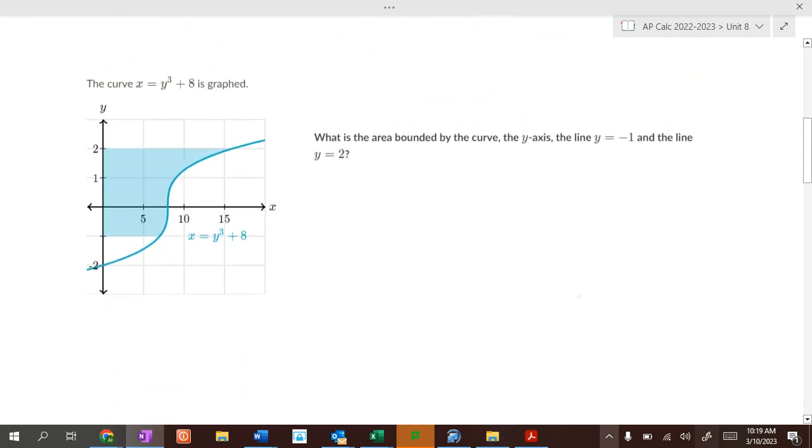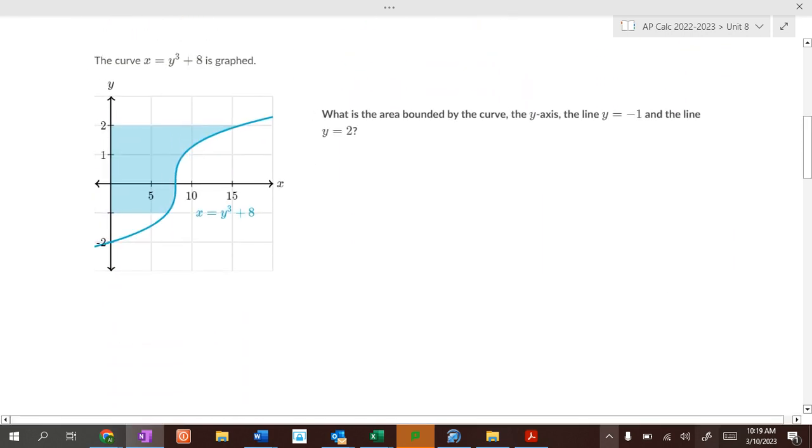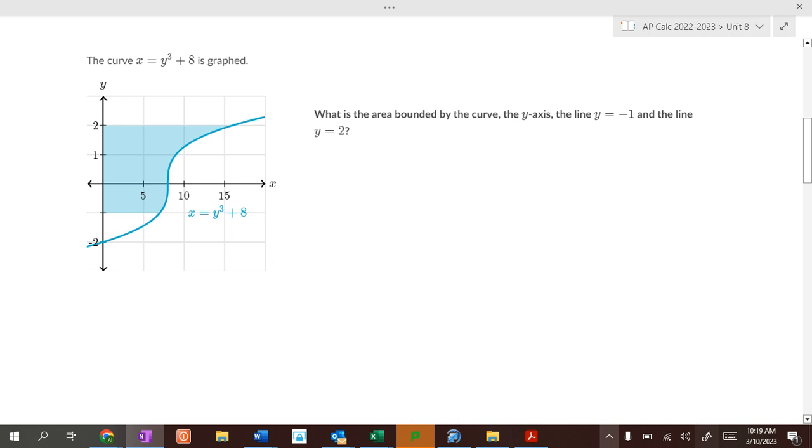Okay. So now let's look at this one. We cannot change the y's into x's and get the right answer here. We have to go this way on this one because we're bounded by this line and bounded by this line. Okay?